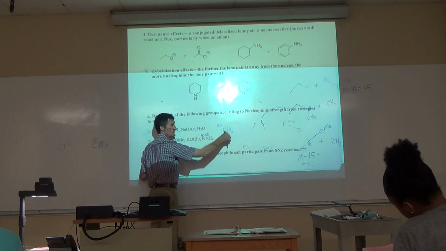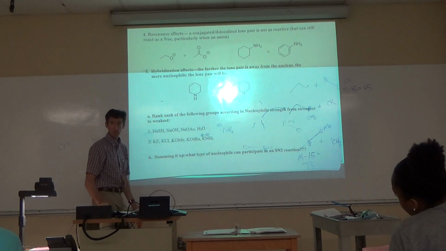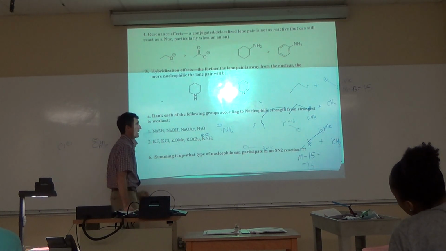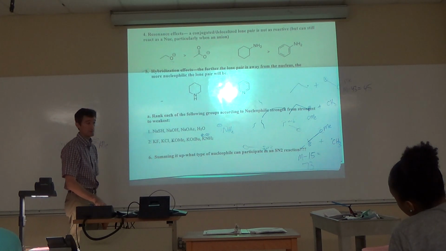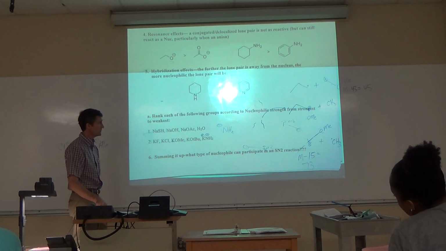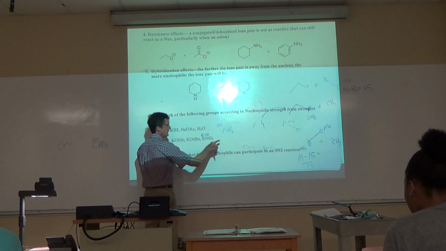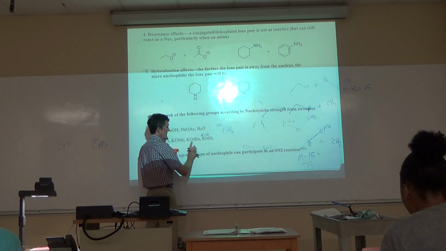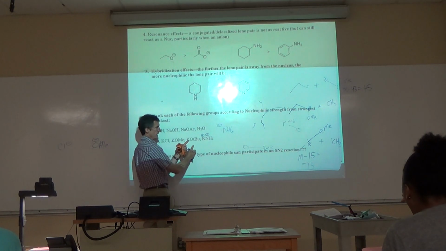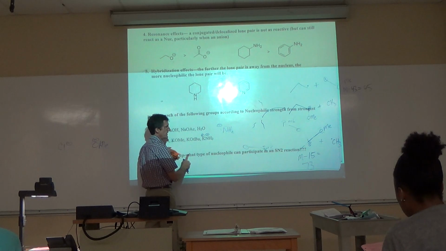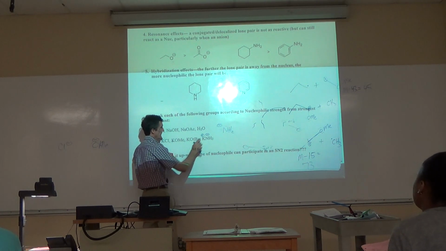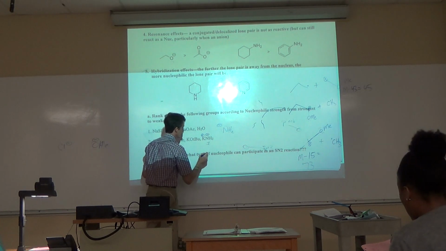We use this base to deprotonate terminal alkynes. Pretty strong base. A neutral nitrogen is a pretty good base. These are also good nucleophiles. There's no sterics here. This should be a pretty good nucleophile. How does it compare to O minus? Should be better. At least O is a better base. This is the best.